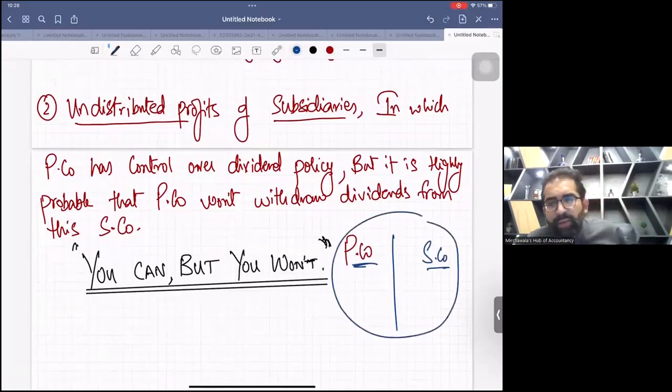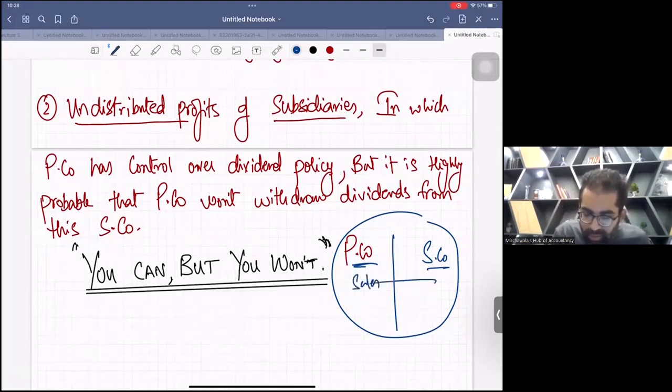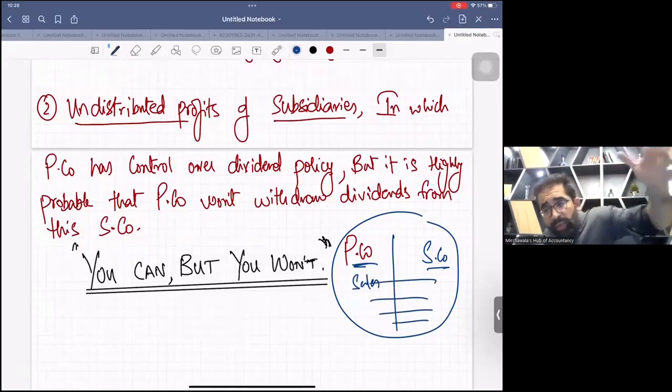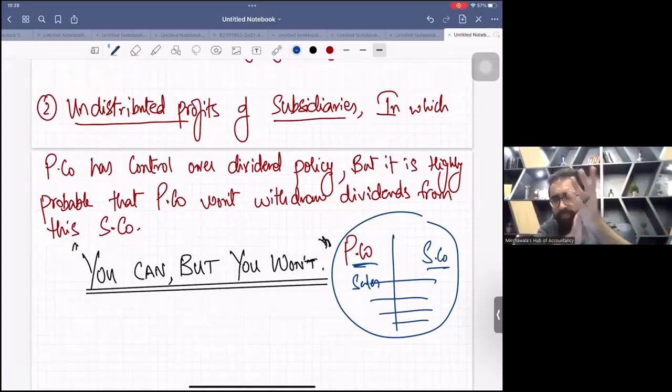Now listen. Have you ever seen the consolidated income statement? Yes, you all have seen it. In the consolidated income statement, we add together sales for everything. That means we record the complete income of the subsidiary company in our books. We record the complete profits of S company in our books.